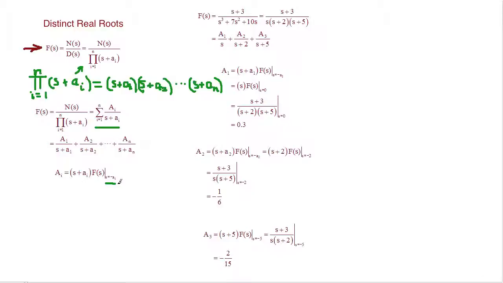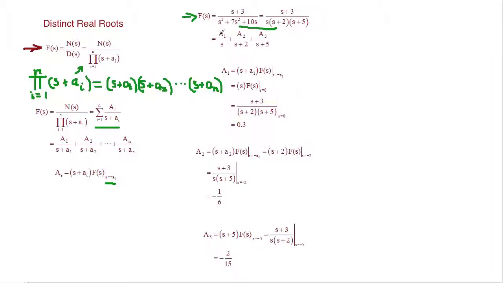So let's look at an example like one we've already discussed. Let's suppose that F(s) is equal to s plus 3, so that's N(s), divided by s cubed plus 7s squared plus 10s. Now we can factor this denominator as shown. So here's our D(s).